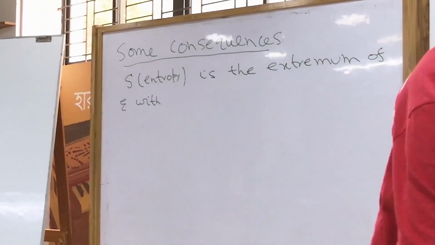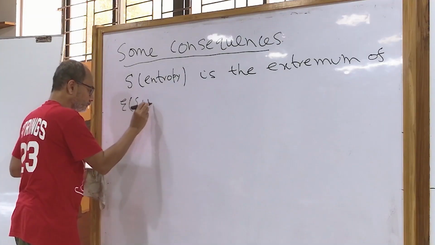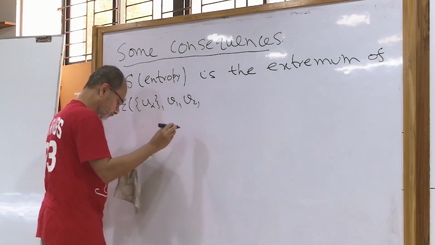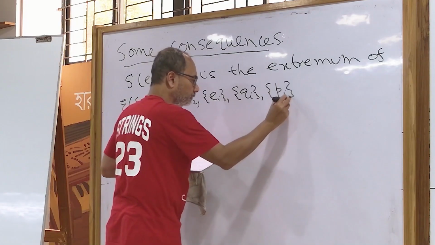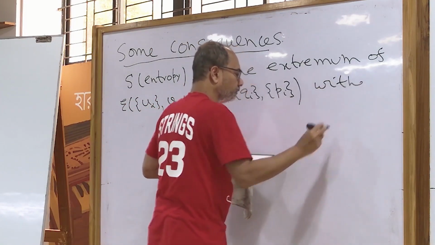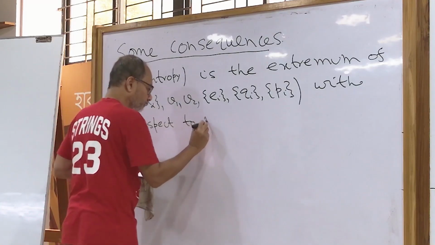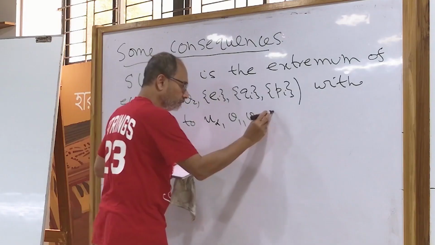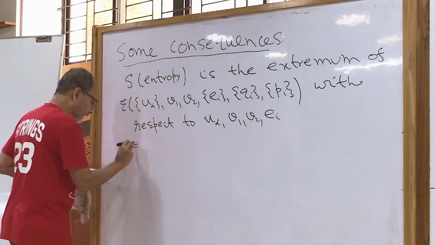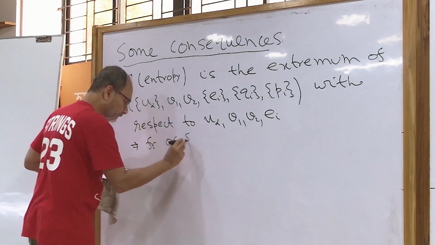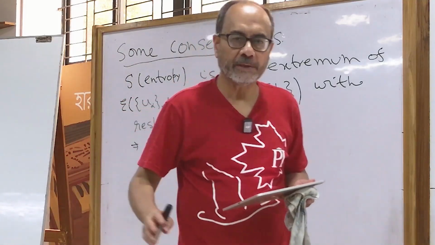E is a function of Q_i and P_i. Okay, the final entropy that you calculate using this procedure is a function only of the charges.